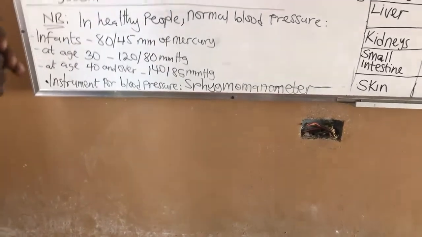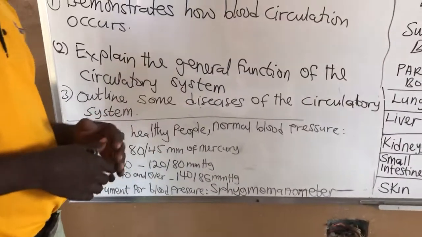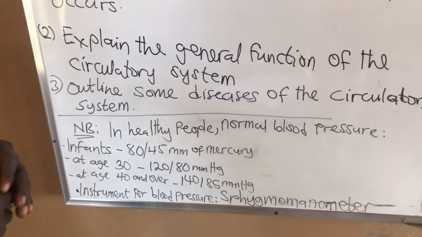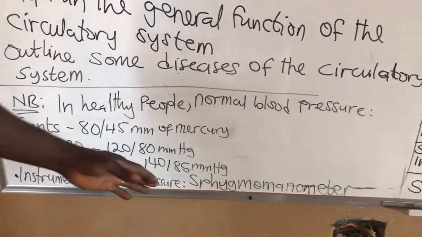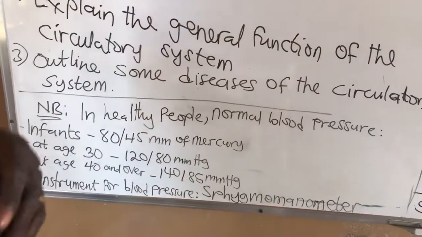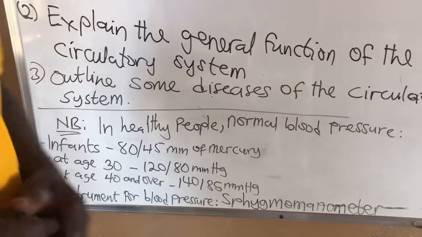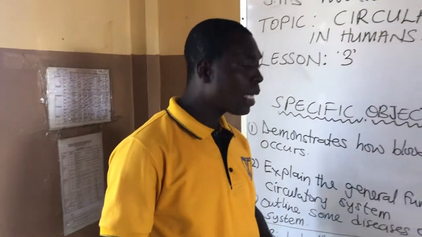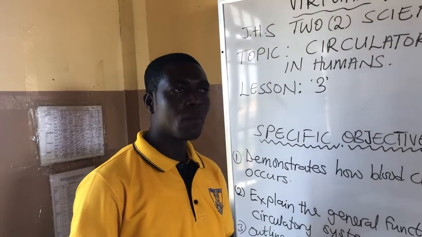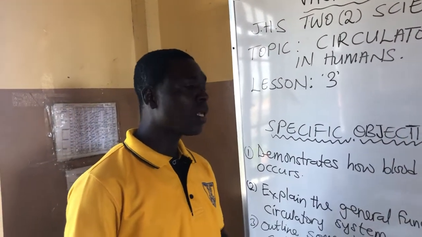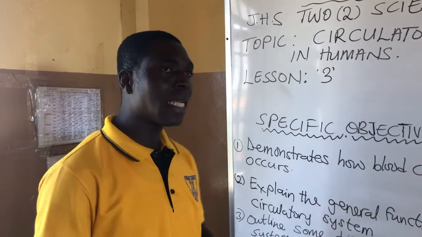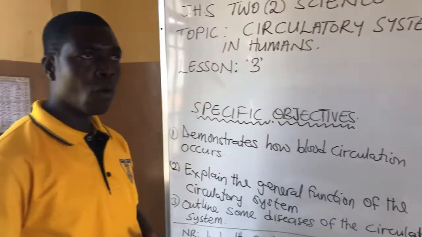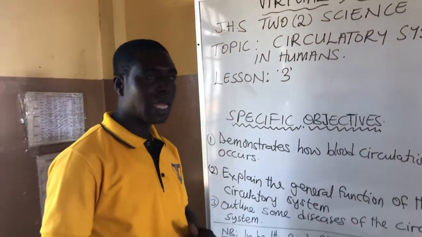We can measure our blood pressure using an instrument known as a sphygmomanometer. That is an instrument used to measure blood pressure. You should try and measure your pressure so that you know the state that you are in, whether your blood pressure is high or low, or you have the normal blood pressure.